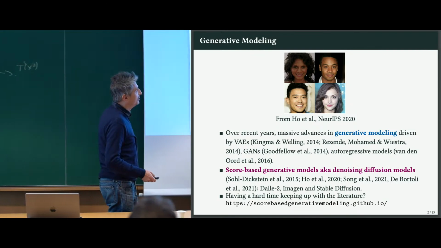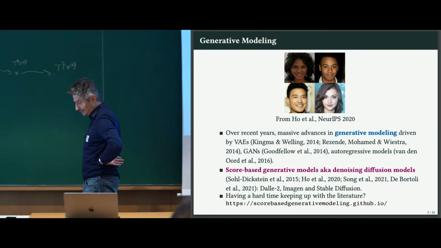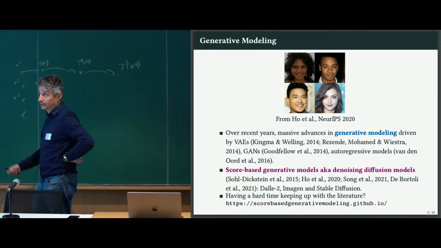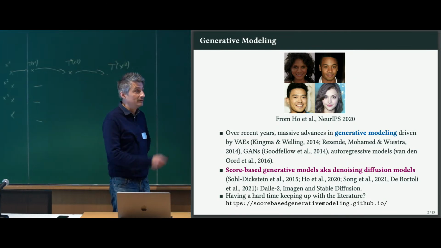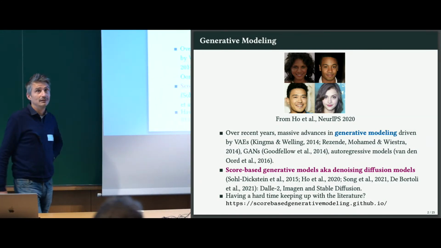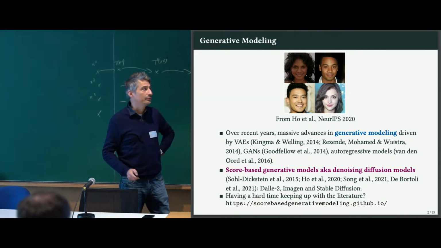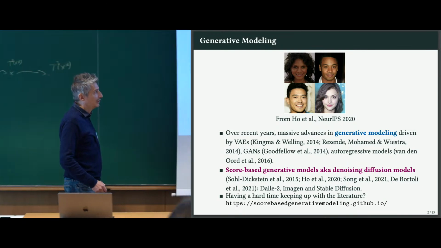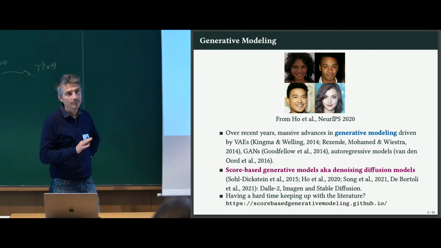So, generative modeling. I know you're all aware of it, even if you're not working in machine learning. Typically, you've seen, for example, synthetic images in the literature, this kind of deepfake that has been around for quite a few years. This is a major area in machine learning.